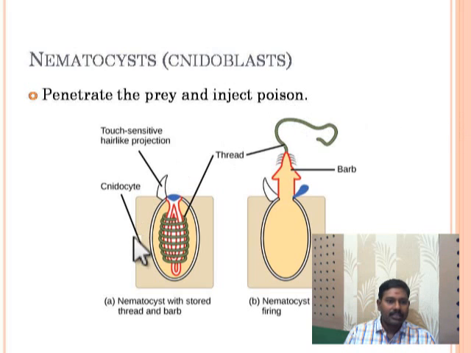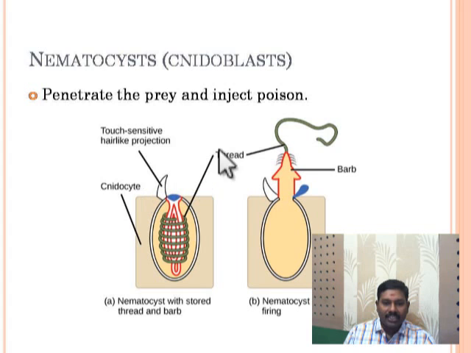Similarly, if you speak about coelenterates, the nematocyst is the very important character that needs to be discussed deeply in the coelenterates group. Here, this picture can illustrate the nematocyst very well.